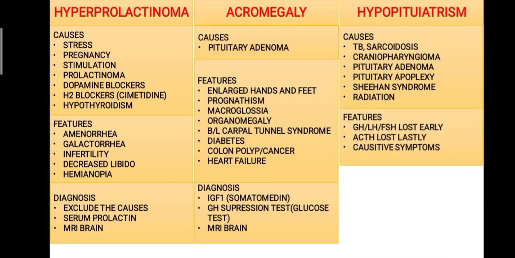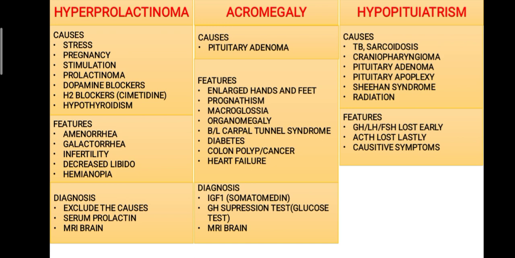Whenever the pituitary is destroyed, the first hormones to be lost are growth hormone, luteinizing hormone, and follicle stimulating hormone. And lastly, the ACTH is lost. ACTH is the most needed in our body, so that will be lost at last. So whenever you suspect hypopituitarism, you have to check for growth hormone or LH, FSH, so that you can make a diagnosis.